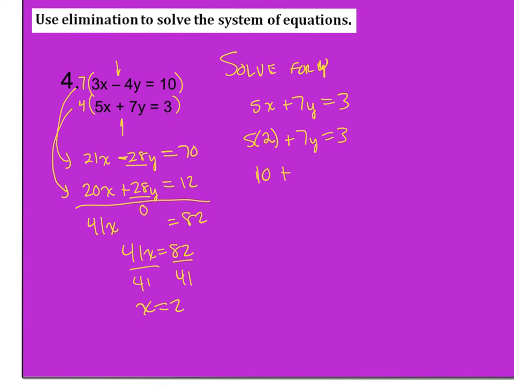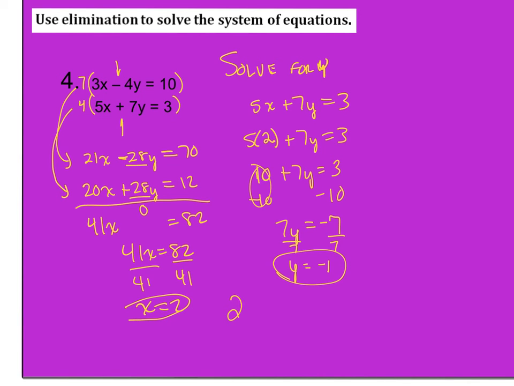So that becomes 10. Zeroes out, 7y equals negative 7. So y equals negative 1. And there's my answer. So my solution would be 2, negative 1.